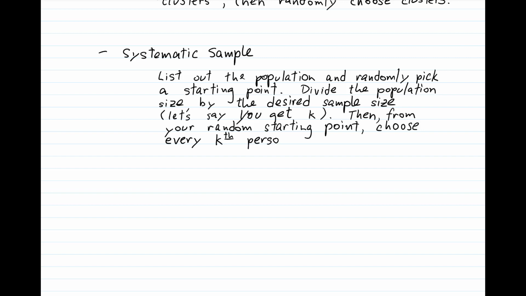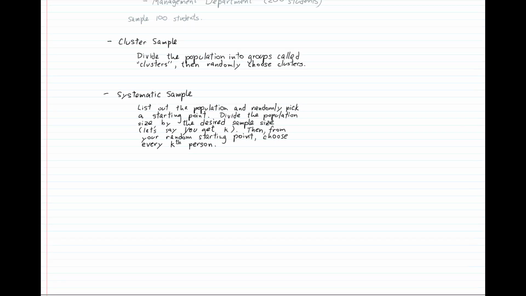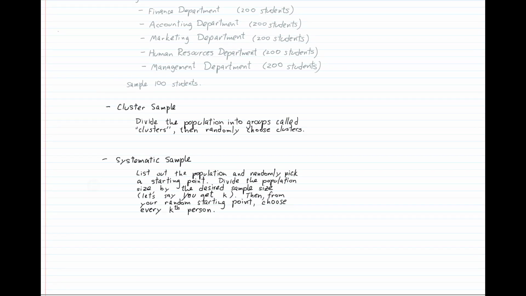Of course, this doesn't always have to be people that we're studying, but I'm just using that as a general noun. Okay, so that's the 4 kinds of sampling that are common.